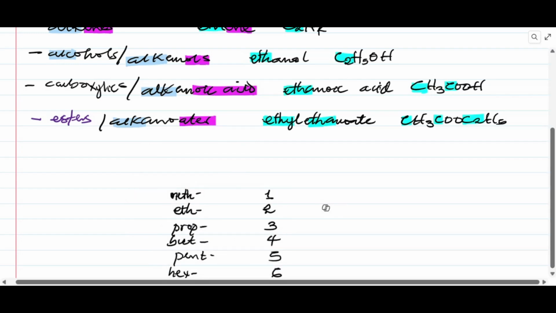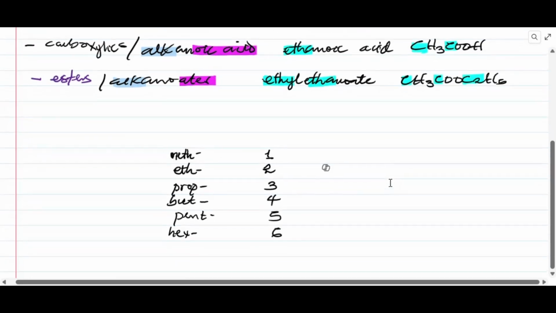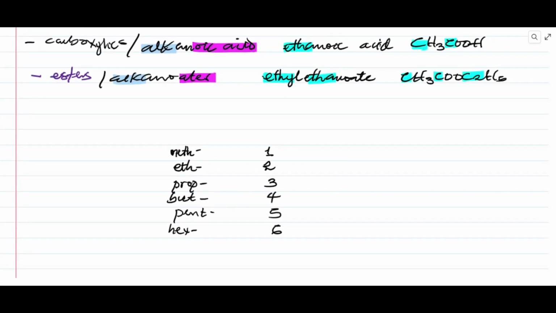If the compound belongs to the alkane family and it has only 1 carbon atom, it means it's going to be CH4. This molecular formula is not needed yet. Let me start with the name. So it's going to be methane. Meth and ane. So methane has this molecular formula, CH4.